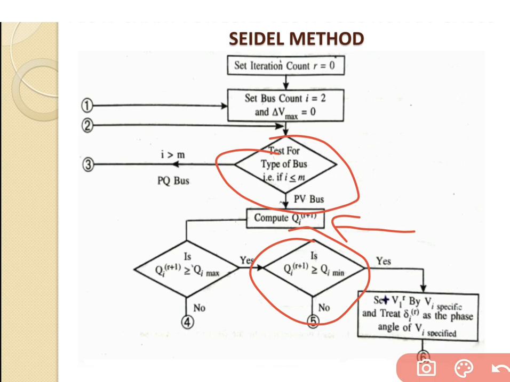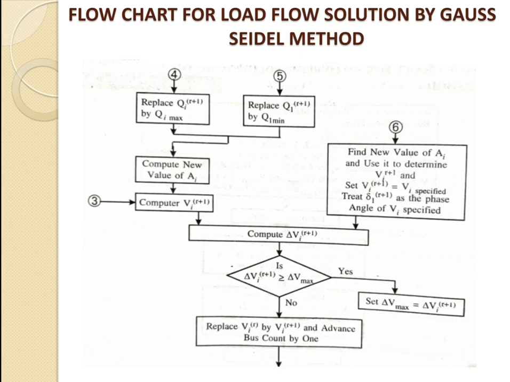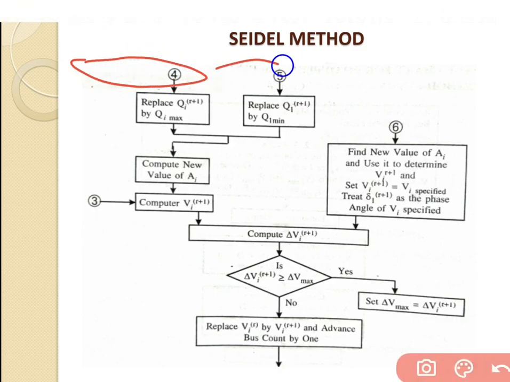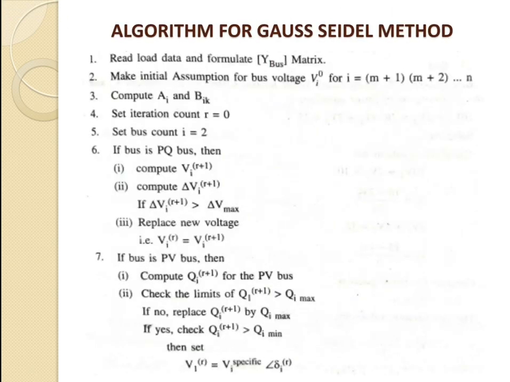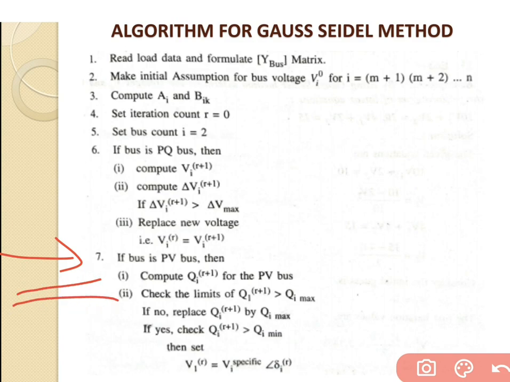If this condition is false, then go to point number 4 and point number 5, which are mentioned over here. Then go for step number 7. If the bus is a PV bus, then we have already calculated these two, and that is replaced by these.